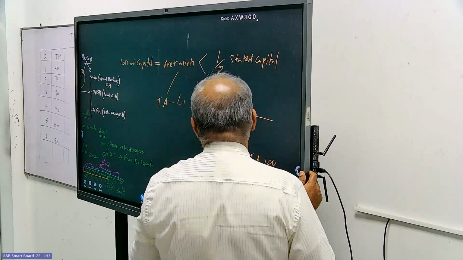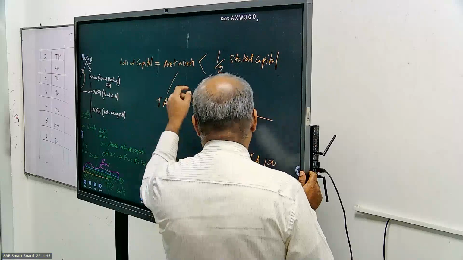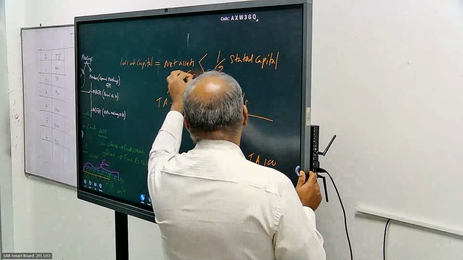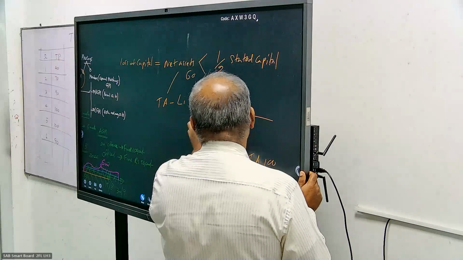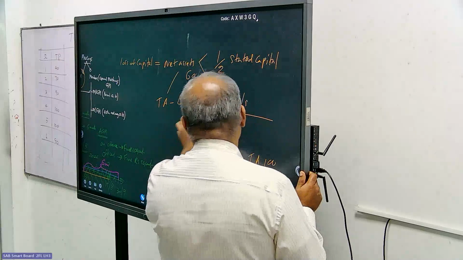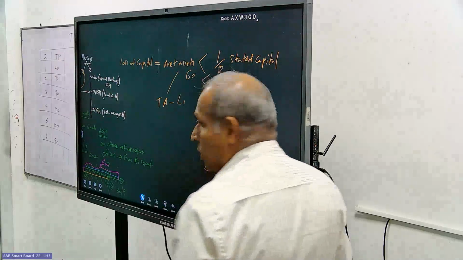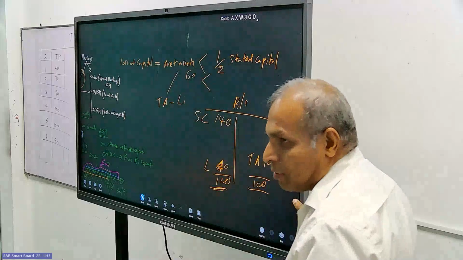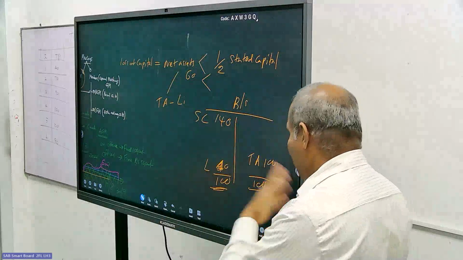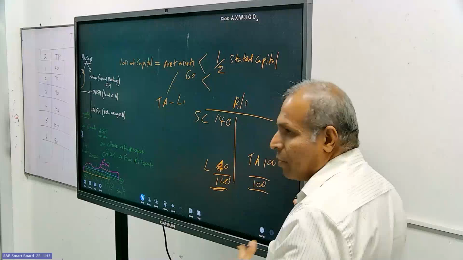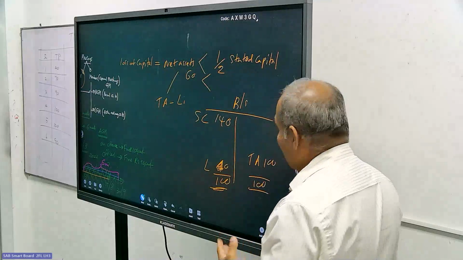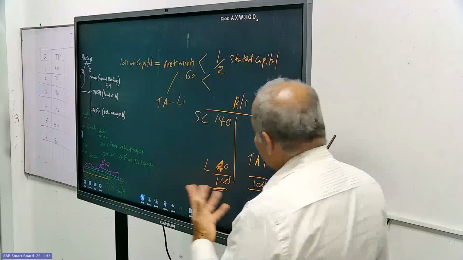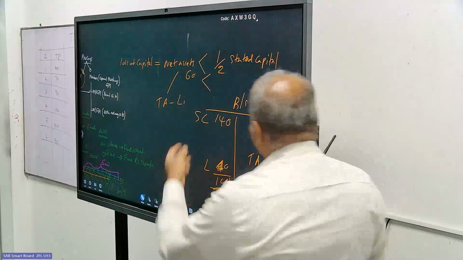Is then half of the stated capital. Stated capital. So this is the situation in the company. When we consider the balance sheet of the company, we can identify this type of situation. If there is a serious loss of capital, like net assets 60, less than half of the stated capital.